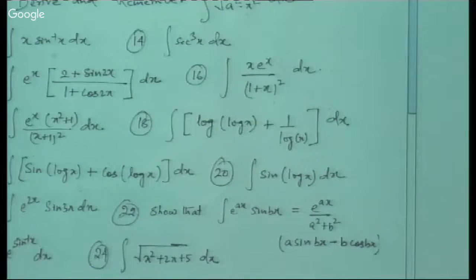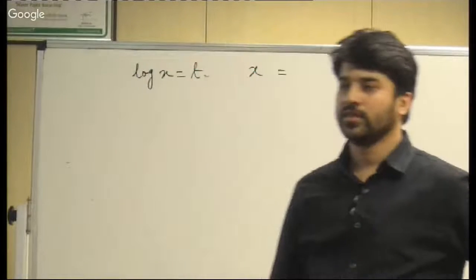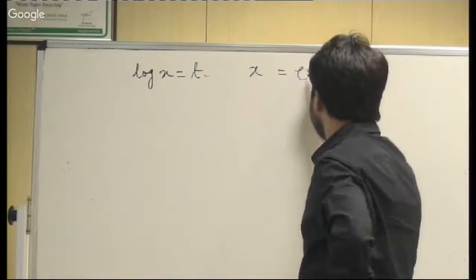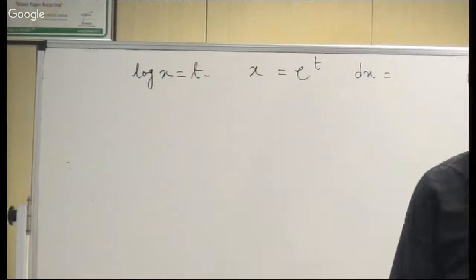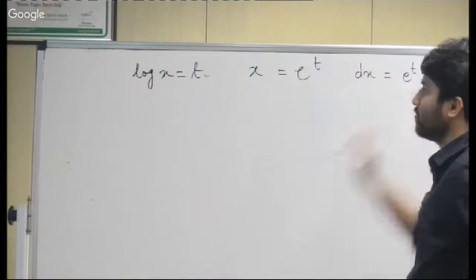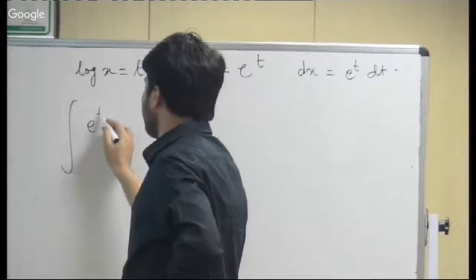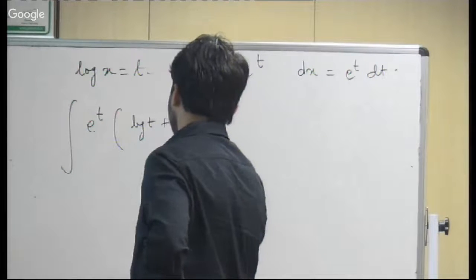When I substitute log x as my t, what will become my x? x becomes e to the power t, and so now I got something very easy: e to the power t into (log t plus 1 by t) into dt.